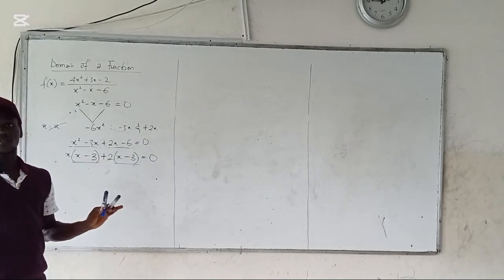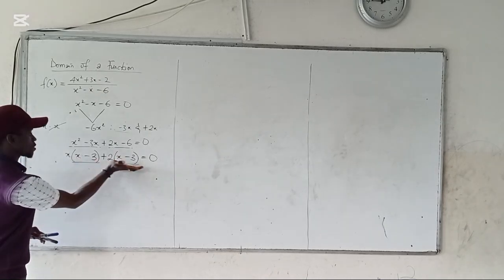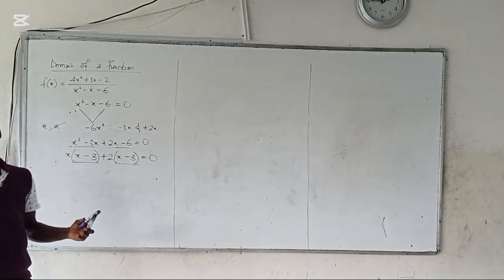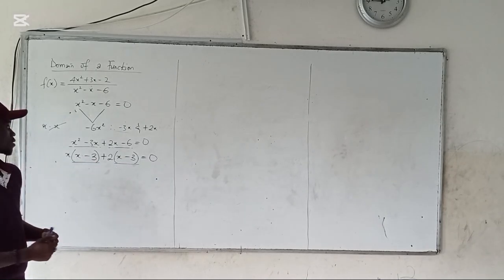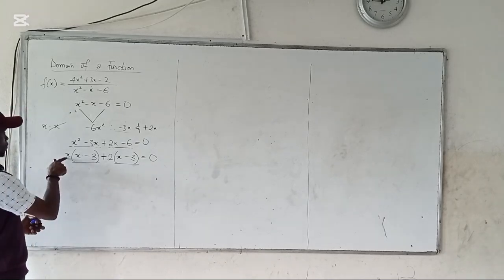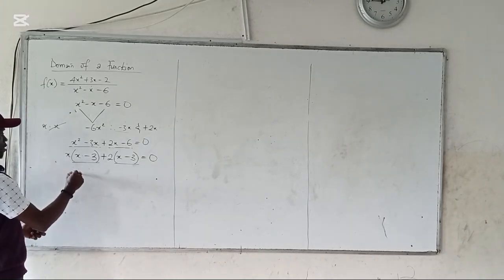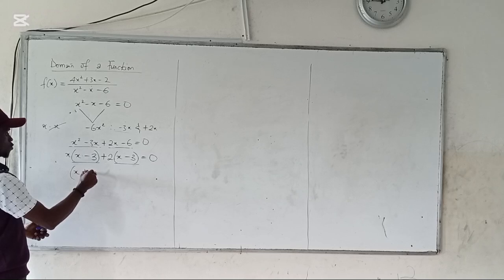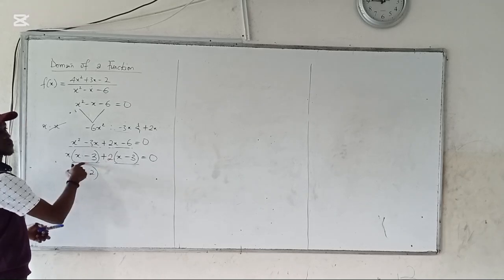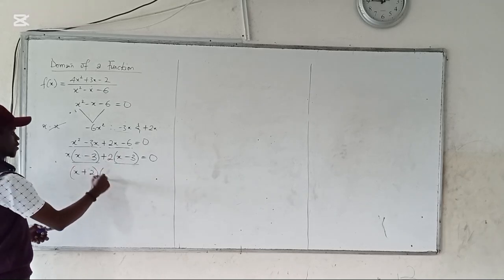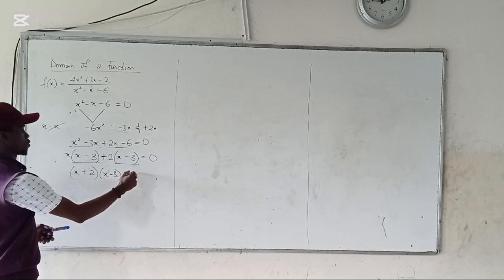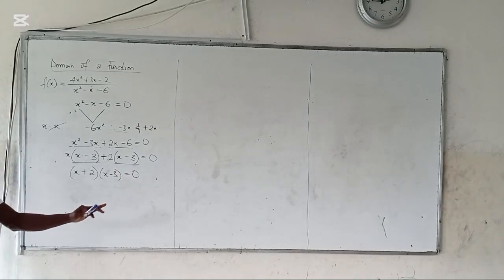If you have that, they are not the same. So they must be the same. And if they are the same, it means you are doing the right thing. So from here, I can now pick what is here, x plus 2, then one of the terms, x minus 3, equals what? 0. That's what you have.